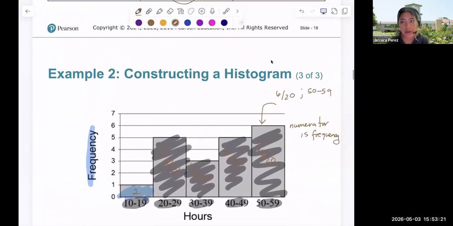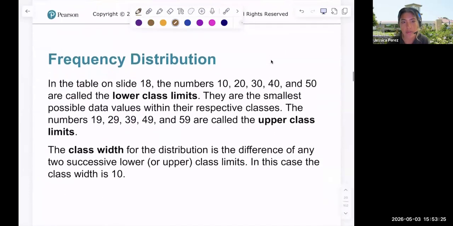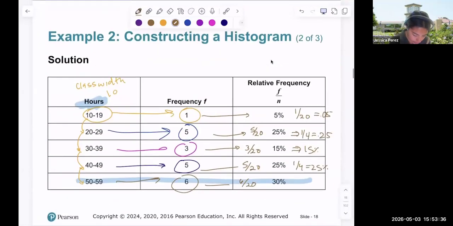Now that's a histogram. We also want to create a frequency distribution. So in the table, we listed 10, 20, 30, 40, and 50. These are lower class limits. So see how we started with them; the lower class limits are 10, 20, 30, 40, and 50.